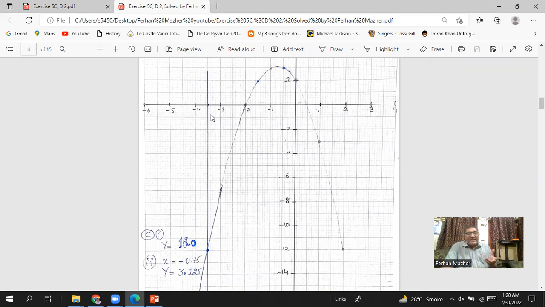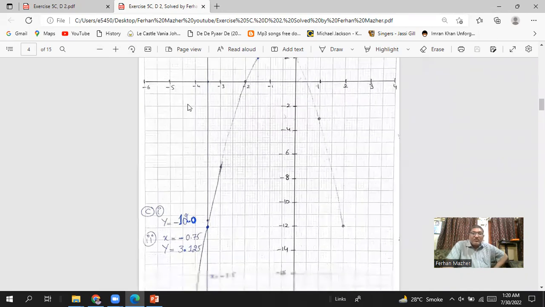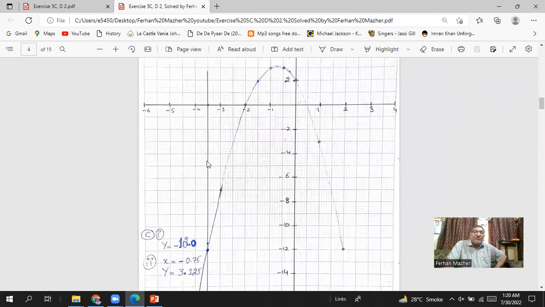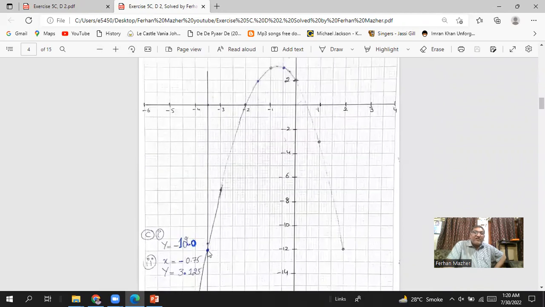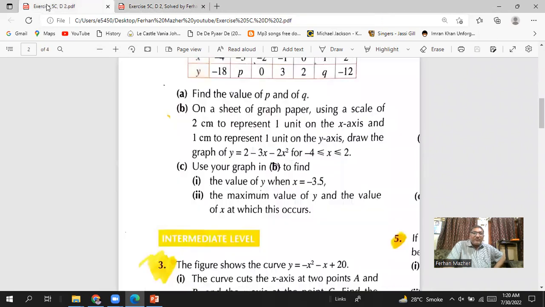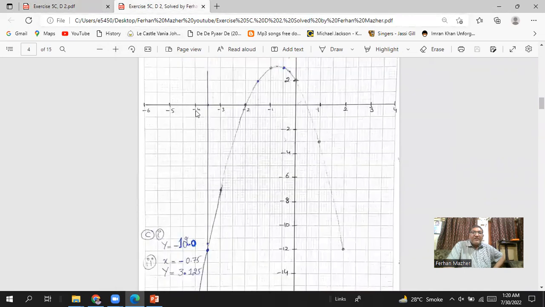It's a vertical line, which represents x equals -3.5. When it cuts your graph at that point, you will check: when the value of x is -3.5, what is the value of y?